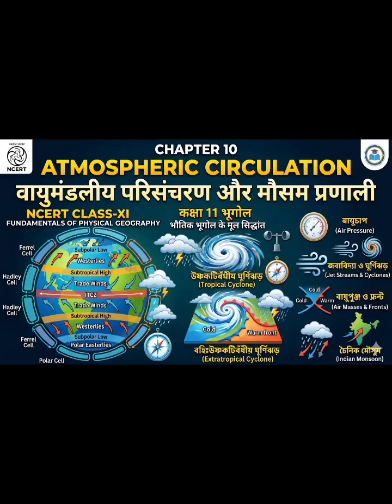The eye is a region of calm with subsiding air. Around the eye is the eye wall, where there is a strong spiraling ascent of air to greater height, reaching the tropopause. The wind reaches maximum velocity in this region, reaching as high as 250 km per hour.